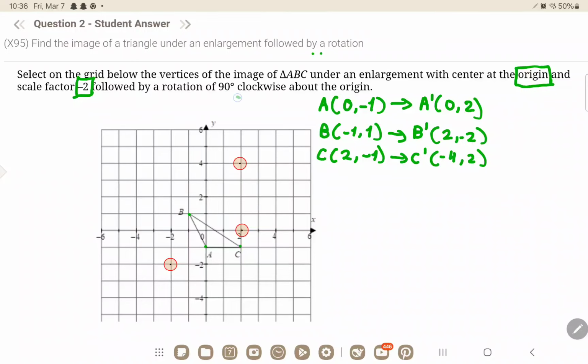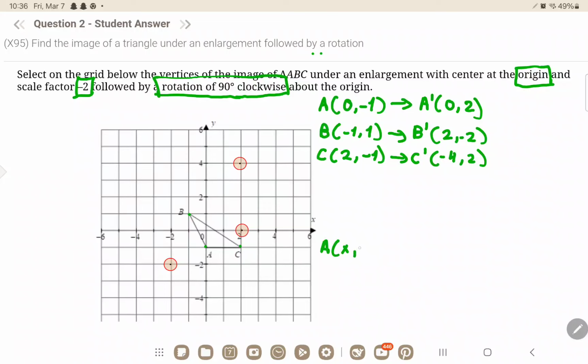Now, when you say rotation of 90 degrees clockwise, there's a little rule you need to memorize. When you're doing 90 degrees clockwise, let me just write it down here.